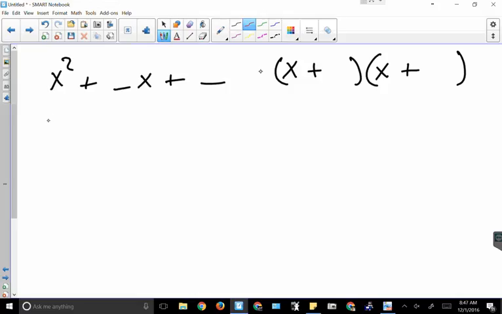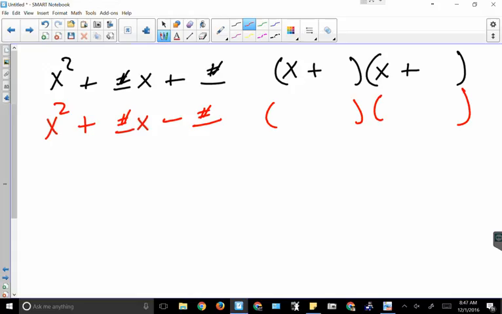If the pattern looks like this, x squared plus something x minus some number, it will factor out as follows. x here, this will be positive, this will be minus.